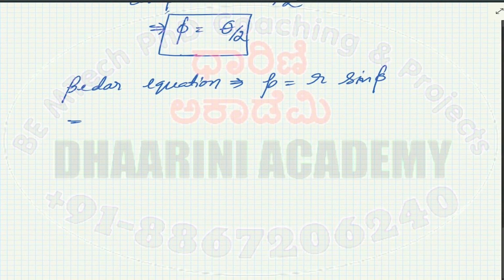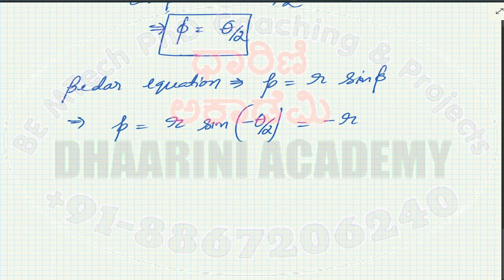So that means p should be equal to r into sine of minus theta by 2. I know that sine of minus theta is minus sine theta. I can write this as minus r sine theta by 2. Let's hold on to this equation. Okay, this is equation number 2.